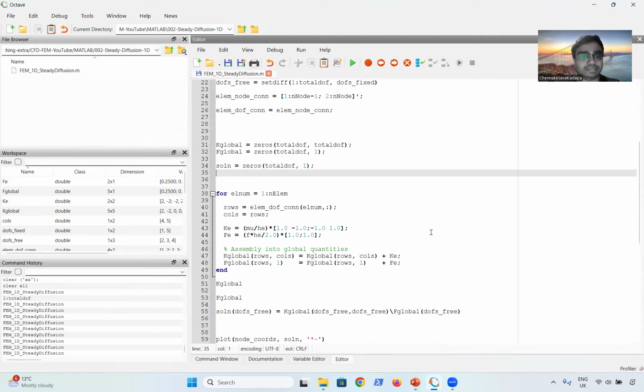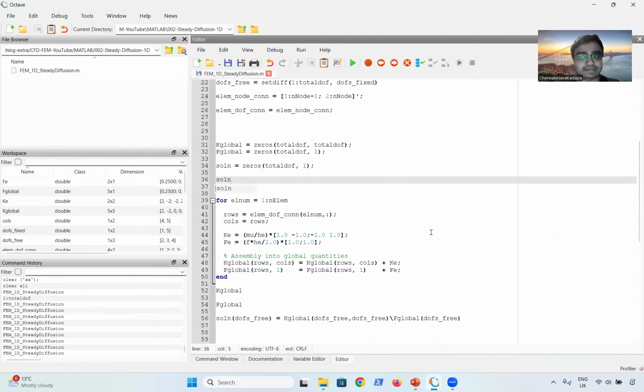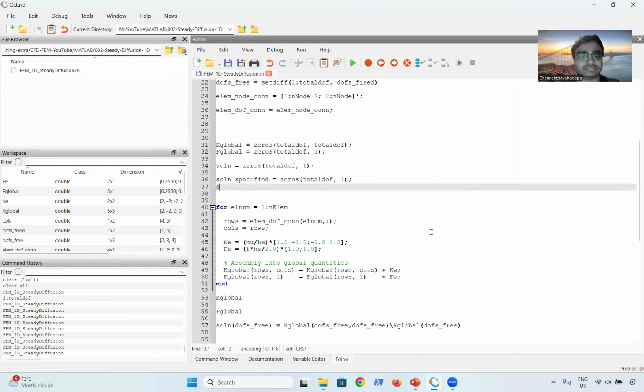Here I'm going to create an array, solution specified, of the same size as the solution, and I'm going to populate it.